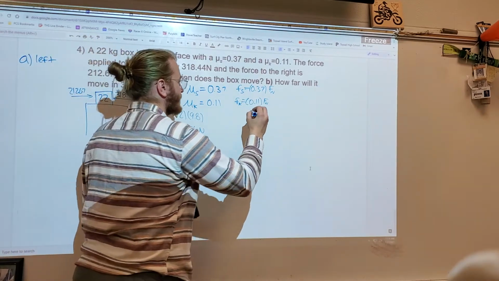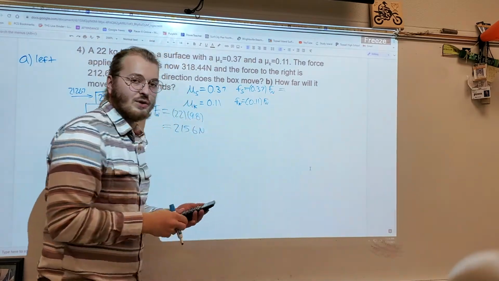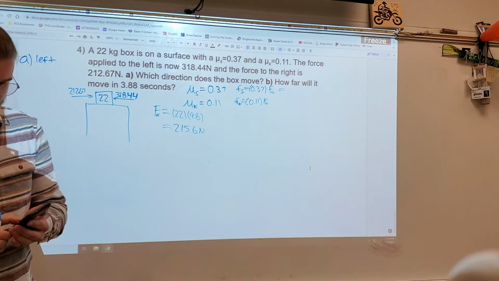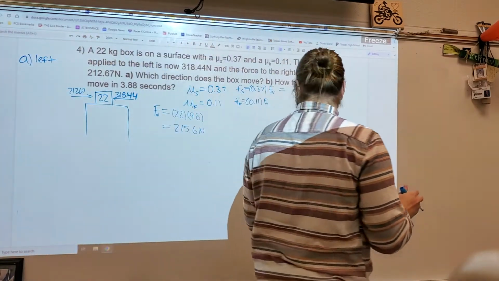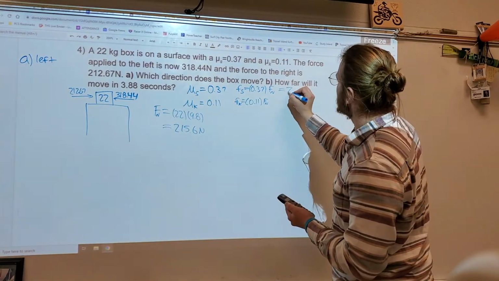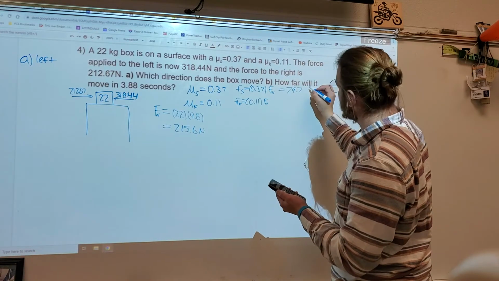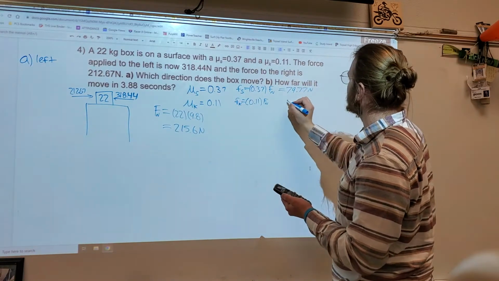Our static force is equal to 79.77 newtons.